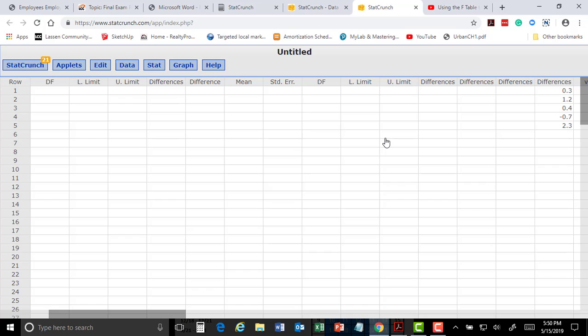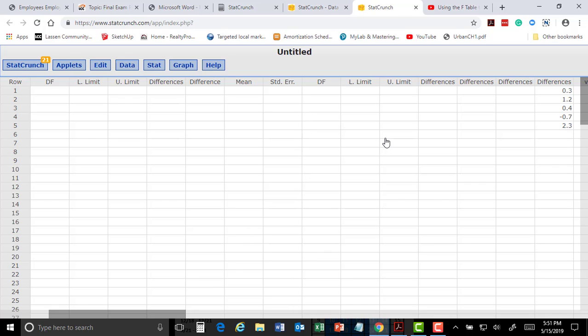Okay, now, when I go in there, oh, look. See, it gave me a group of differences. It automatically included that. All right, how about the next one? We're on number 6? Okay, so we have to enter some data.